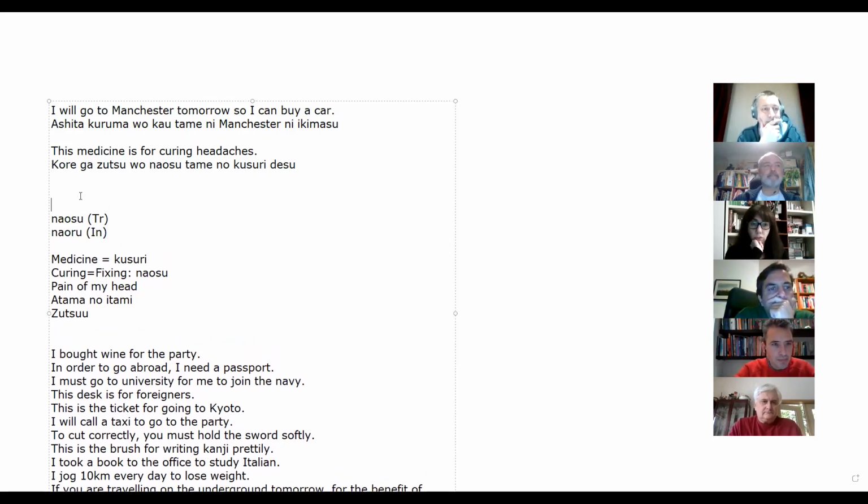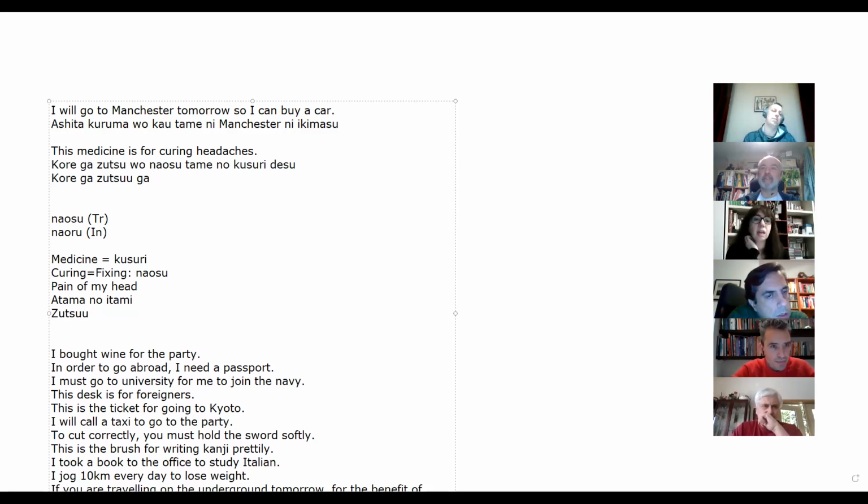So then, how would we now change this to use naoru? There's only two changes actually to this sentence, but have a go. Kore ga zutsu ga. Good.